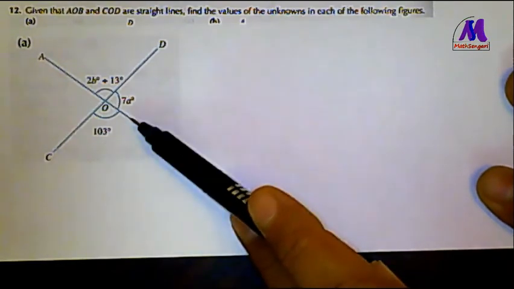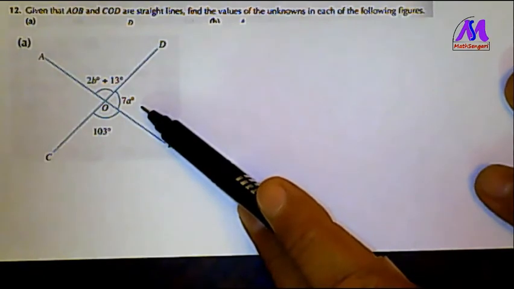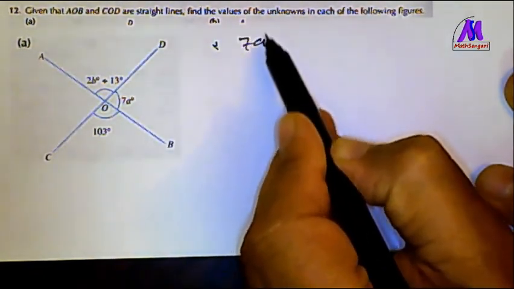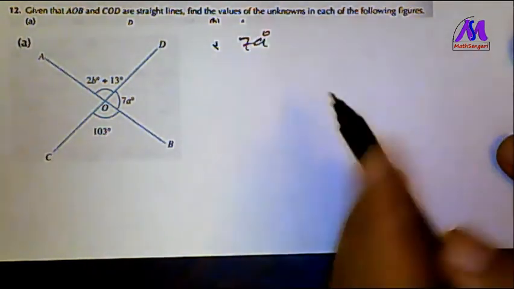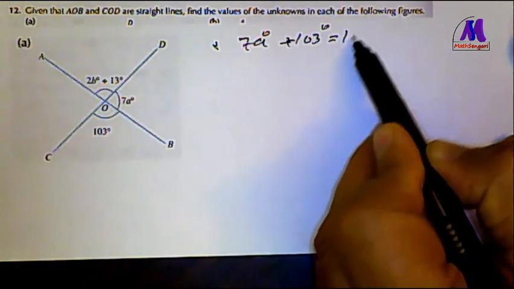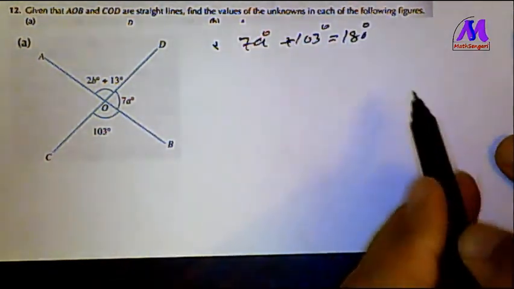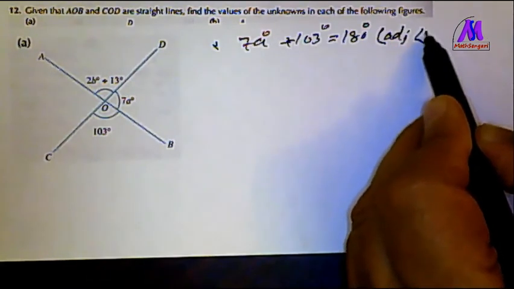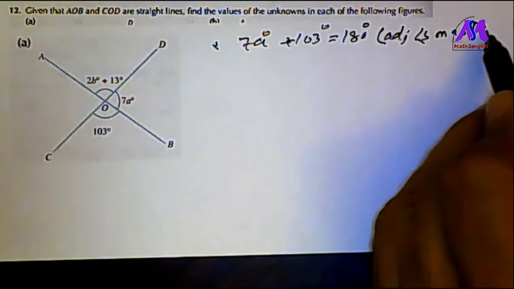On the basis of this we can easily find the value of A. So 7A degrees plus 103 degrees will be equal to 180 degrees. Why 180 degrees? Because they are adjacent angles on a straight line.